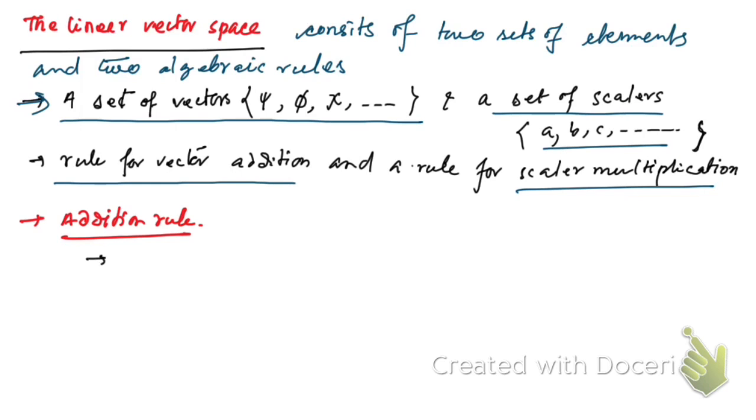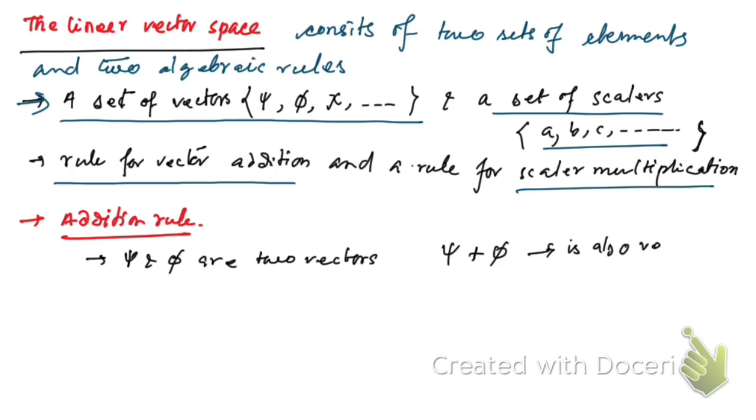First property: if we have 2 vectors phi and psi that are elements of a vector space, then their sum is also a vector, and it must obey the commutative rule, that is phi plus psi is equal to psi plus phi.